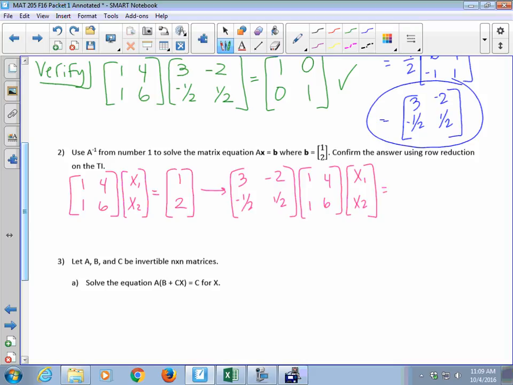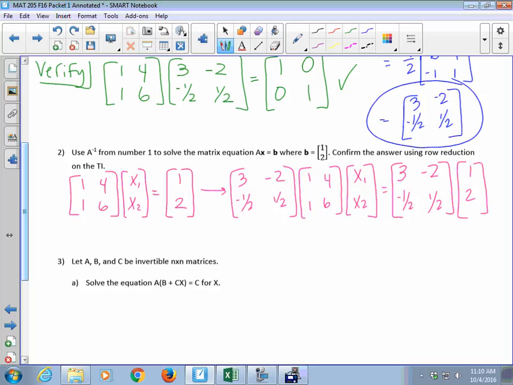So I multiplied on the left side on the left by A inverse. So keep in mind, matrix multiplication is not commutative. So if you multiply on the left side, you have to multiply on the left on the other side of the equation too. So I'm going to put A inverse here: 3, negative 2, negative a half, times 1, 2.